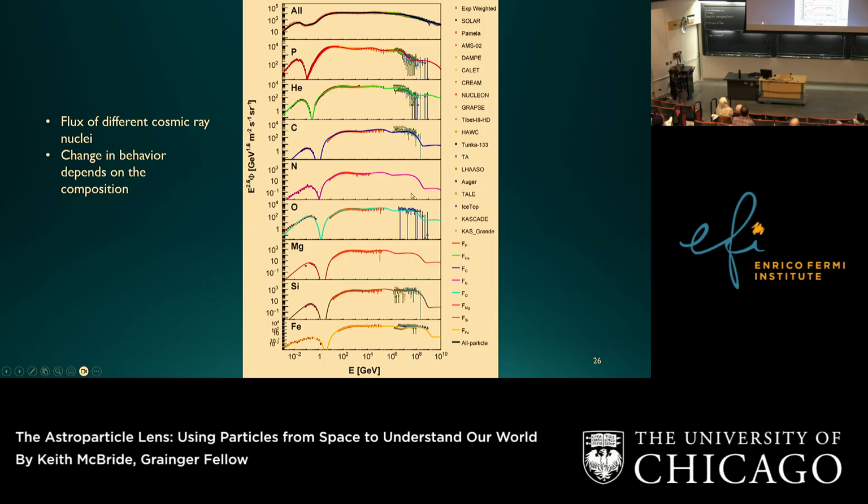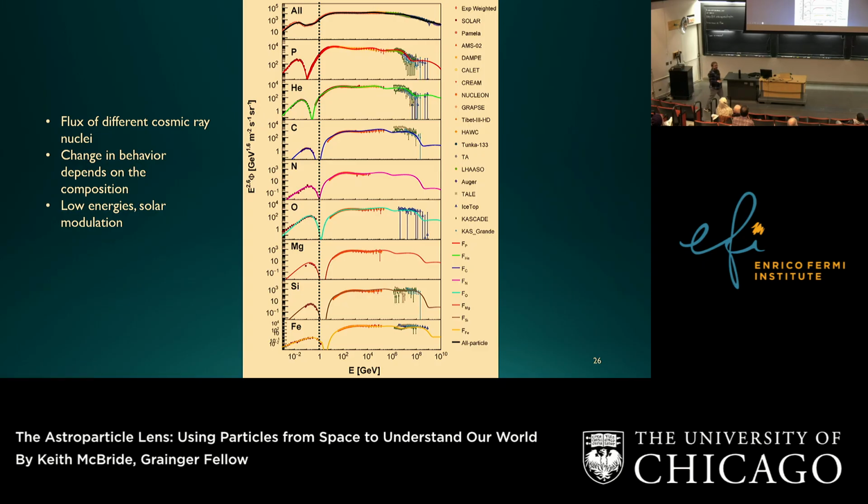But you can see all the different measurements we have from these different experiments pointing out to us that these different cosmic ray nuclei have a different flux energy dependence. At low energies, I've drawn a vertical dashed line here, you see that for iron, this change in behavior happens at a higher energy than for protons, which happens over here, right?